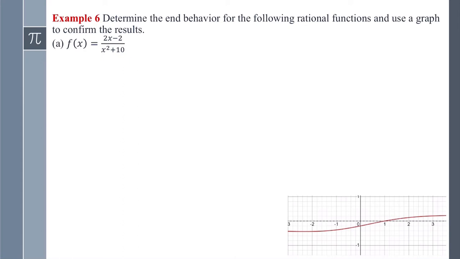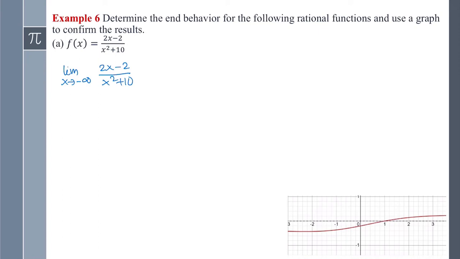Okay, so first let's find the limit as x approaches negative infinity of 2x minus 2 divided by x squared plus 10. The technique is to divide both numerator and denominator by the highest power of x in the denominator.